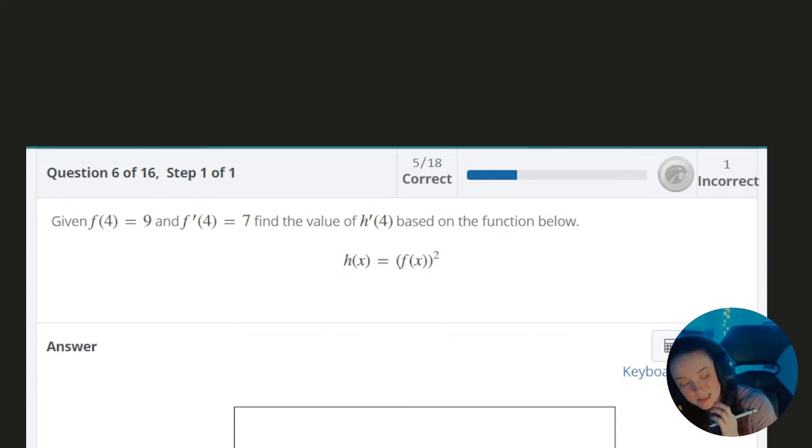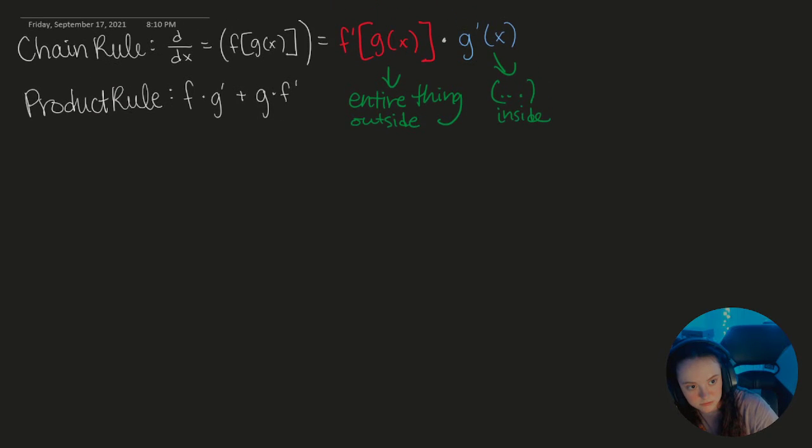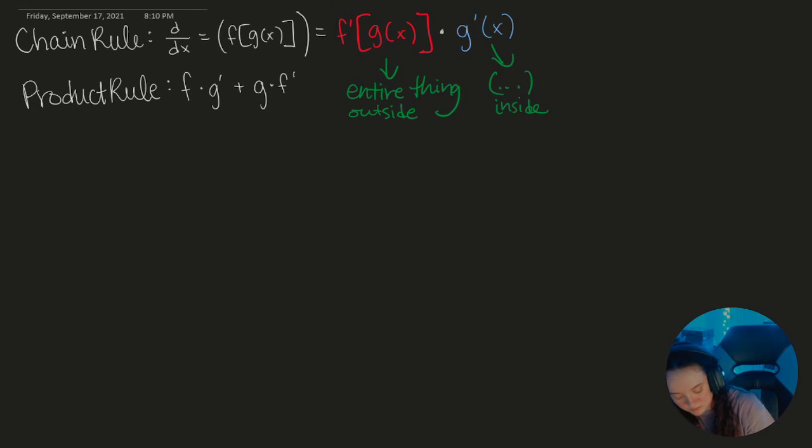So in this case, it gives us h of x equals f of x squared.